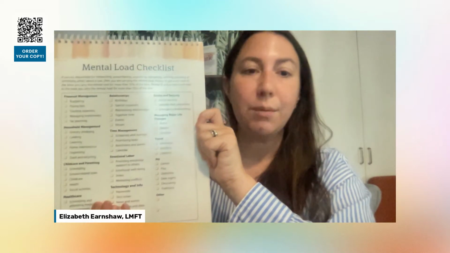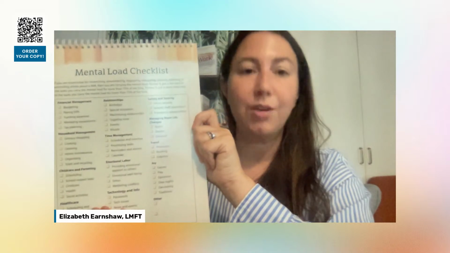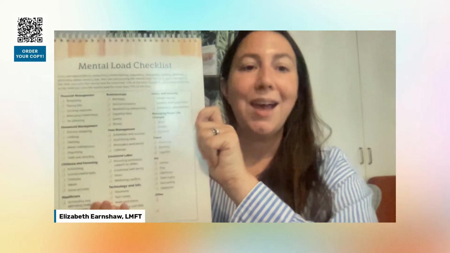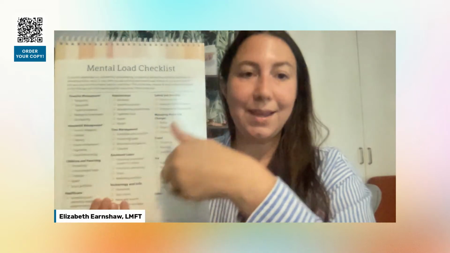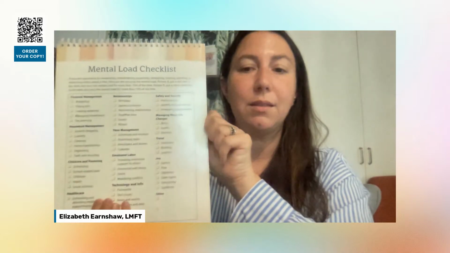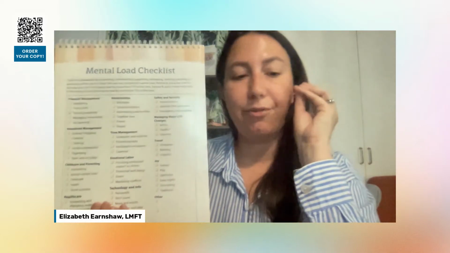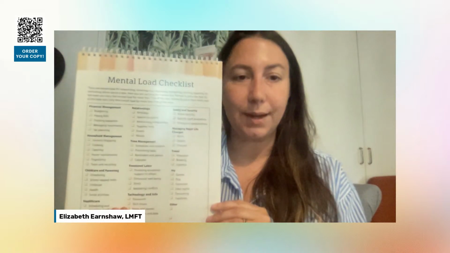Other couples might finally have one partner feel fully seen. I often experience when I give couples this checklist that one of the partners says, this is the first time I have felt seen, because I have put on paper everything that I am keeping in my mind. And it is so exhausting.